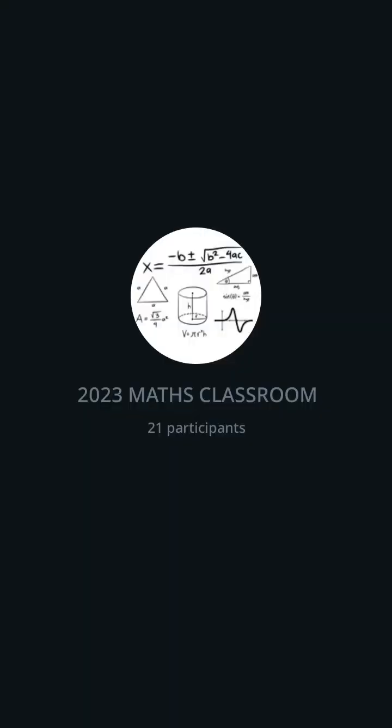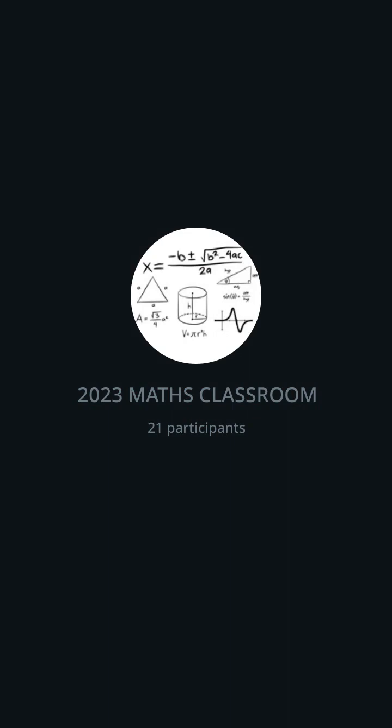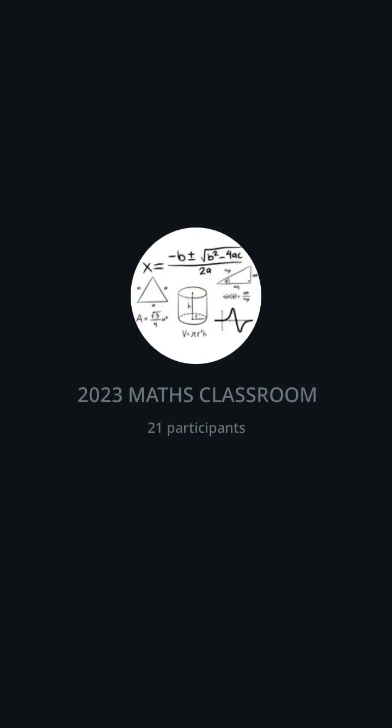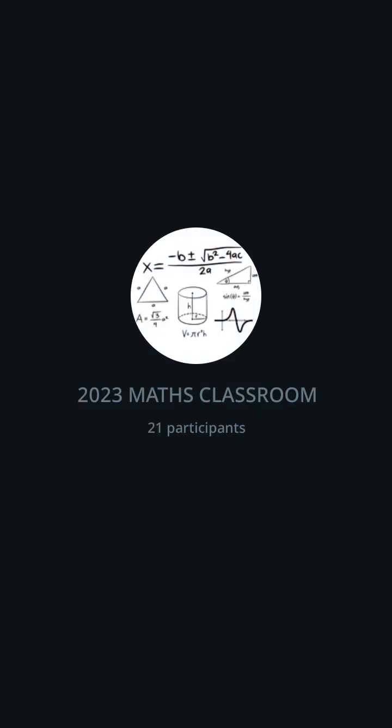It's actually 230 multiplied by 2 is negative 460. Obviously, 0 multiplied by any number remains as 0. So now you see that you've got a quadratic equation and it's in the standard form. Once it's in the standard form, this is where you need to factorize.